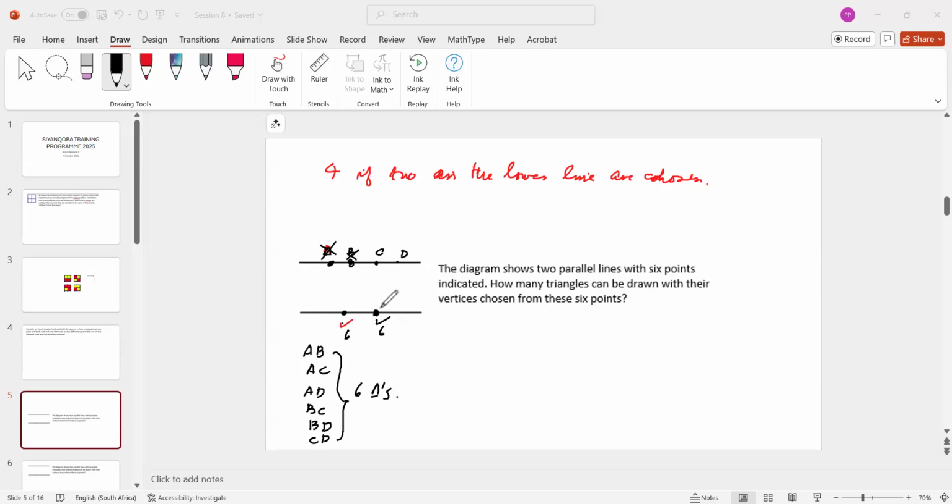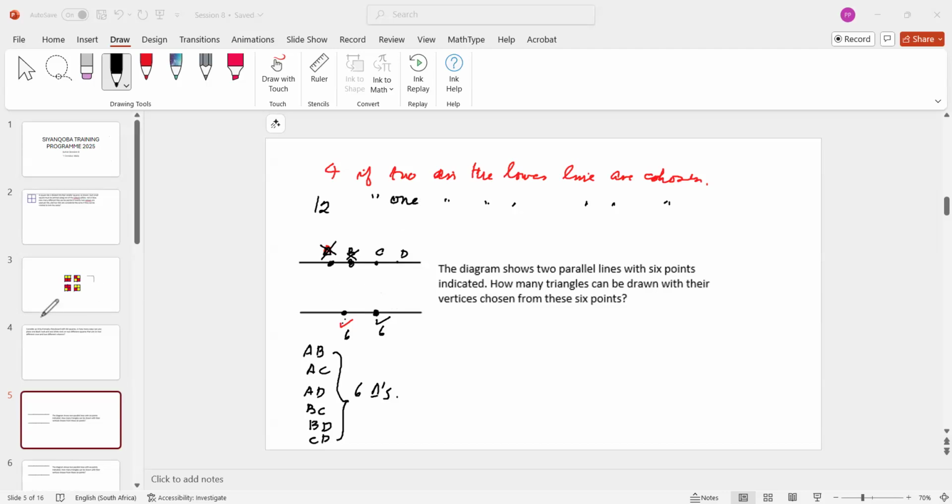So if only one point is chosen in the lower line, then you've got 12 triangles altogether. For this point, you got 6. For this point, you got 6. You got 12 altogether. So that takes care of all the possible cases.